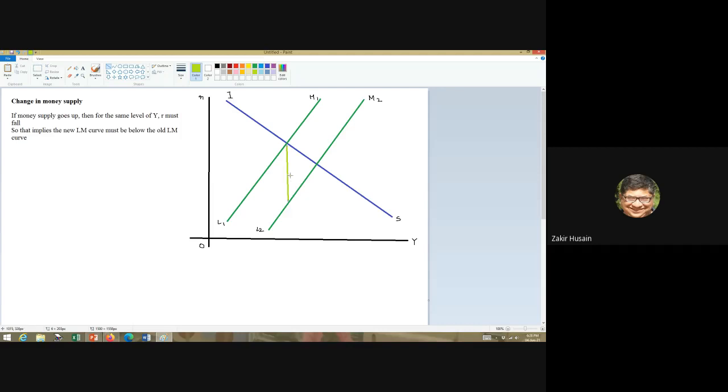So we have excess demand and Y must go up. So we are coming down like this. At the same time, the rate of interest is going down, but the income level will also start increasing. And so we will come over here. We are going to shift from E1 to E2.